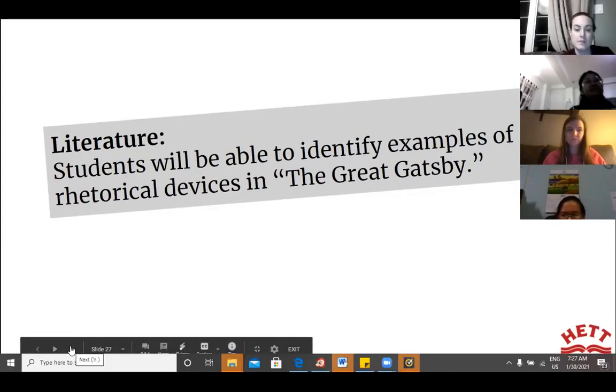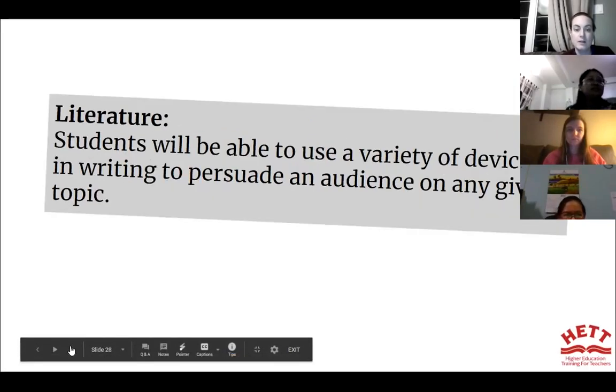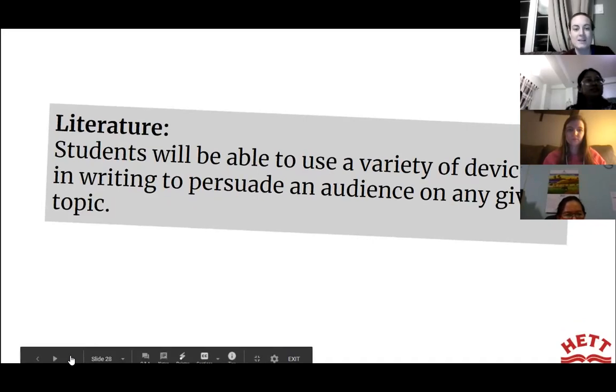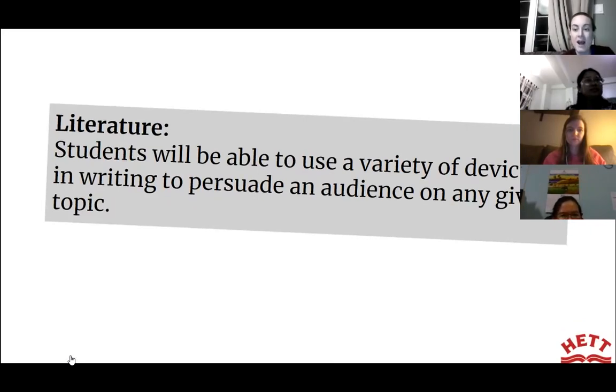Is this strong or weak? Students will be able to use a variety of devices in writing to persuade an audience on any given topic. So again, for a whole course, is this a strong or weak goal? Or learning objective, or in the ones I've seen in Myanmar, they call it learning outcome.